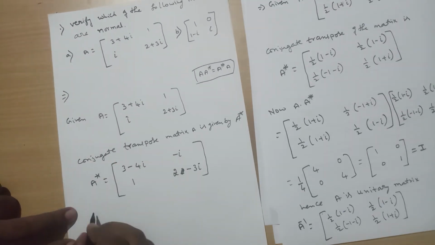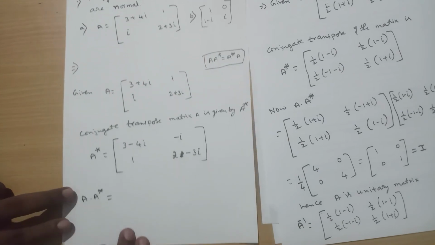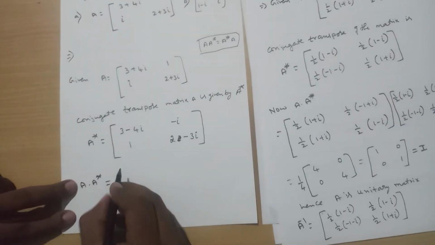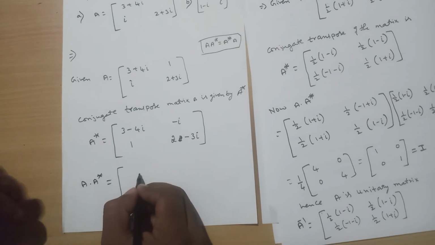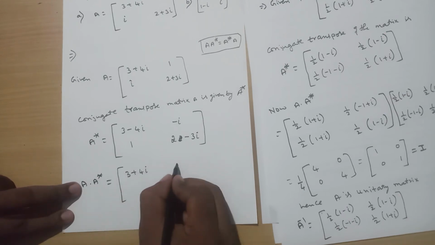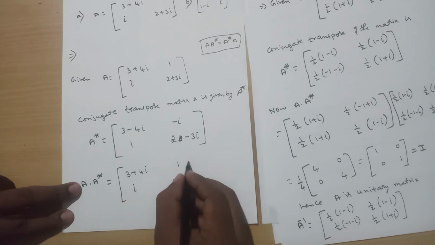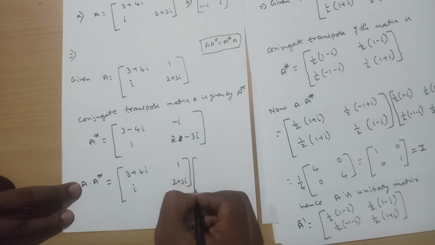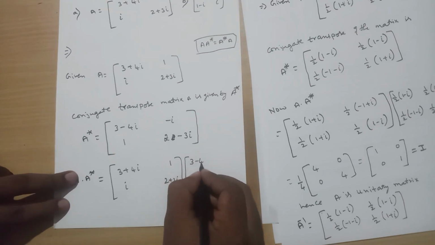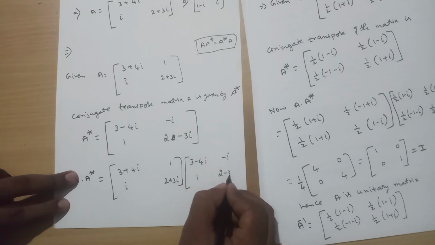So what do you get here? A into A star equals: A is 3 plus 4i, 1, i, 2 plus 3i, and A star is 3 minus 4i, minus i, 1, 2 minus 3i.